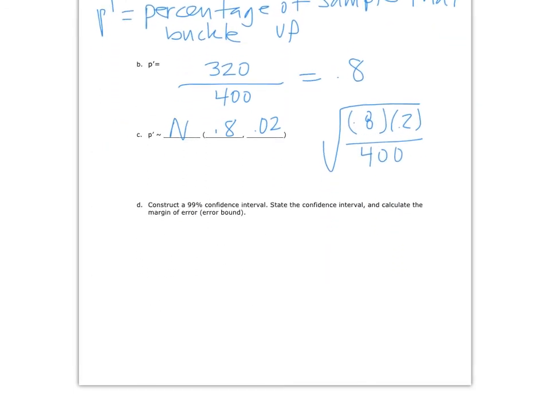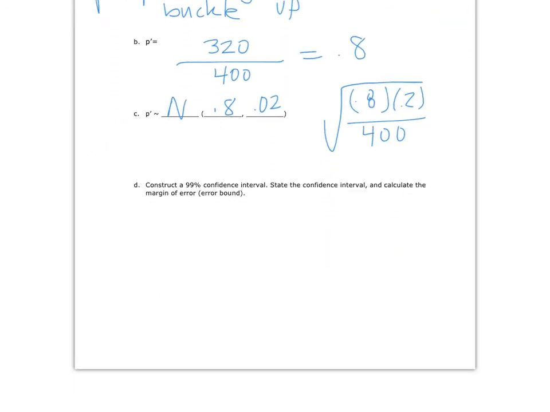So now we look at our 99% confidence interval. We're going to take that 0.8, add or subtract the right z value. For a 99% confidence level, that's 2.575. Multiply that by the standard deviation of 0.02. You get a lower bound of 0.749 and an upper bound of 0.852.